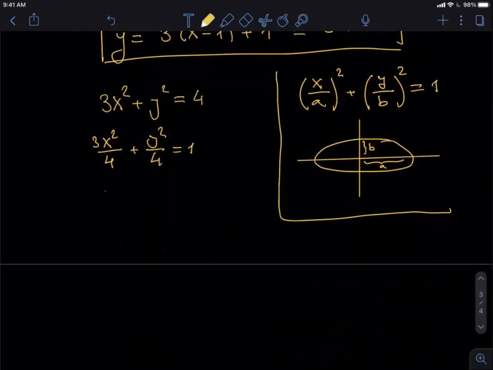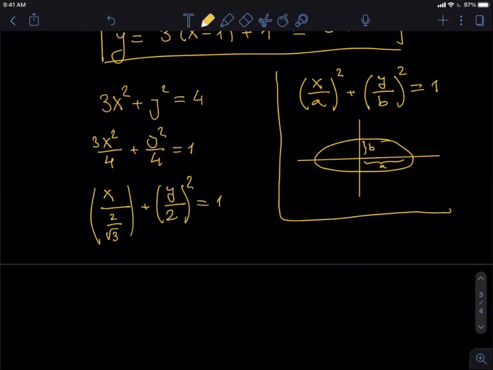And here we can do x squared divided by 4/3 plus y squared divided by 4. But we can actually write this already as a square. And then here, with a trick, we can do the same thing. So this is 2 divided by the square root of 3, all of it to the power 2.